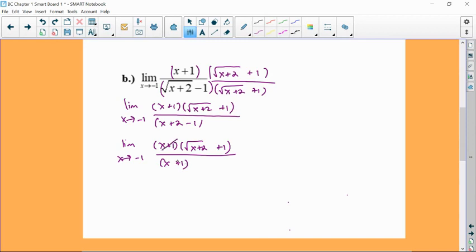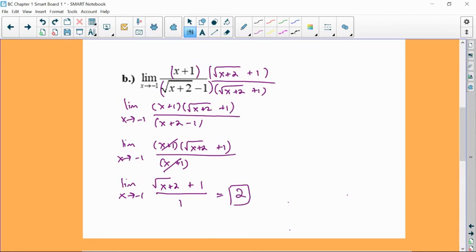And this would cancel, and we have now removed, again thinking about that 0 over 0, x approaching -1. It's the square root of x plus 2 plus 1, and there's still an understood 1 there, but it doesn't matter. -1 plus 2 is 1, 1 plus 1 is 2, so we get a limit value equal to 2.